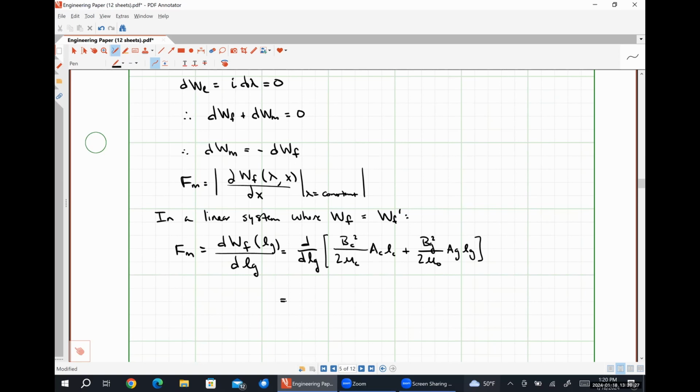And so this winds up being Bg squared divided by twice mu naught times the area of our air gap.